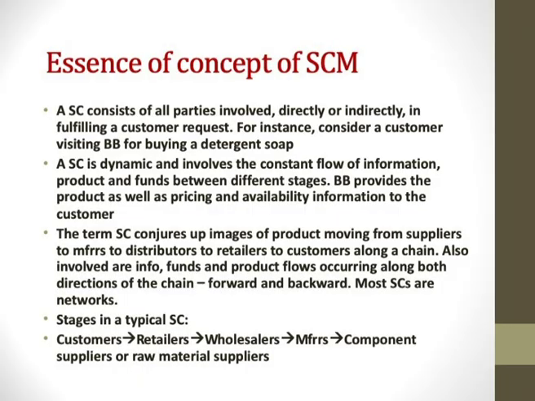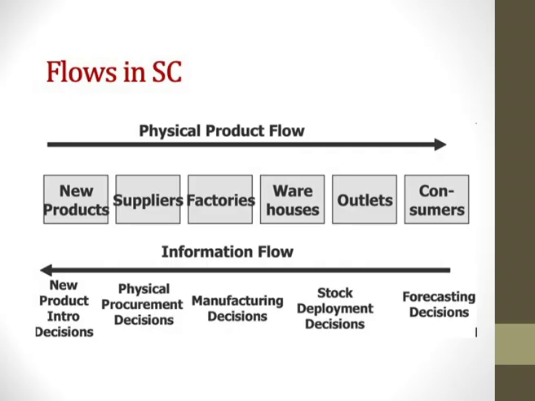Most supply chains work as networks rather than as individual separate distinct entities. Stages in a typical supply chain start with the customer, then the retailer, then wholesaler, the manufacturer, the component suppliers or raw material suppliers. Their suppliers in turn also form a part of the supply chain. This figure highlights the flows involved in supply chain.